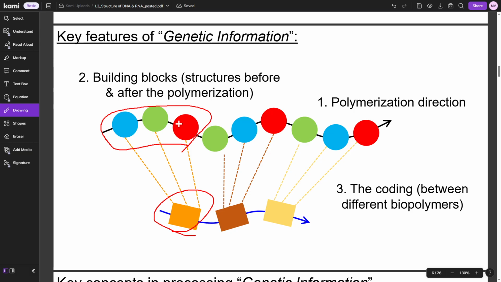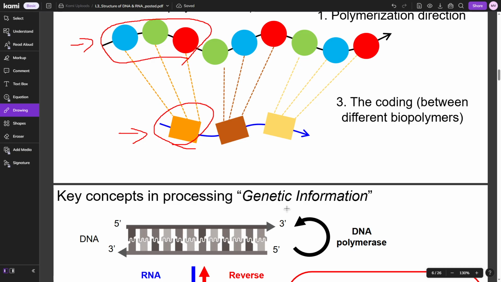We have our RNA, for example, and we're producing something from that. In this case, maybe we're going from an RNA to a protein. Every 3 bases is 1 amino acid, and then we make our protein that way.